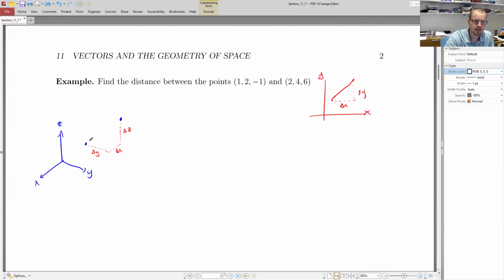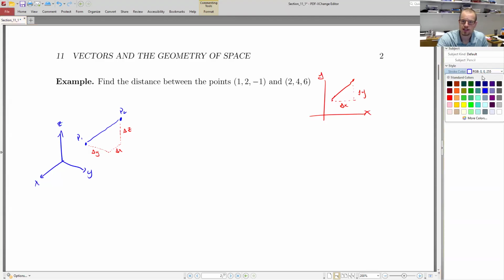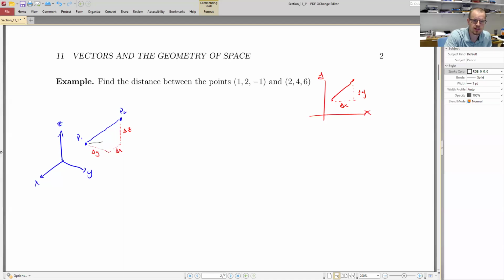If I want to find the distance, what I want to find is this straight line distance from P1 to P2, whatever those 2 points are. I can start by recognizing that I could use this length here and this length here to have a right triangle.